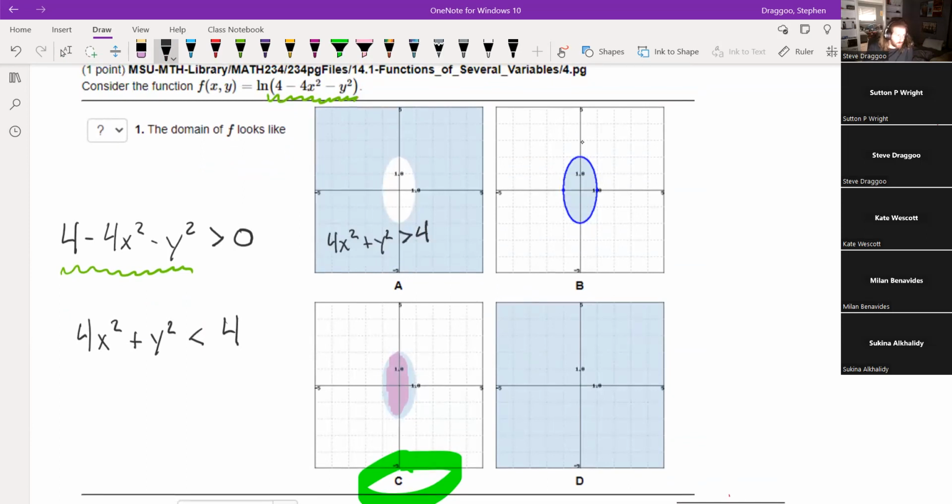And B, which is quite similar to C, would be 4x squared plus y squared less than or equal to 4. That dark blue line around the edge means that we're including the boundary. And we don't want to include the boundary here because we are not allowed to take the log of 0. So we want to stick with C, just the interior of our ellipse and not including its boundary.